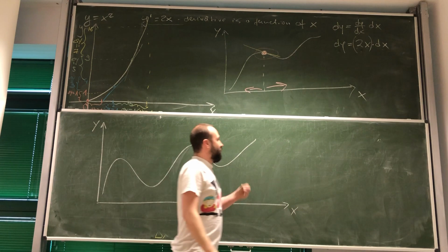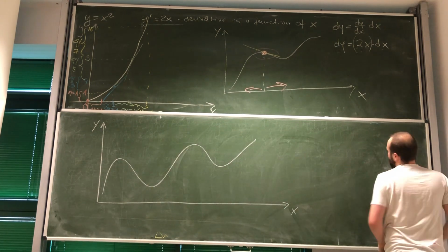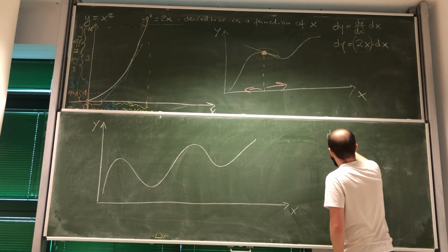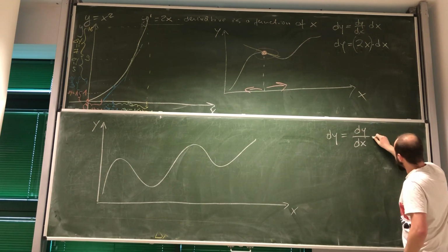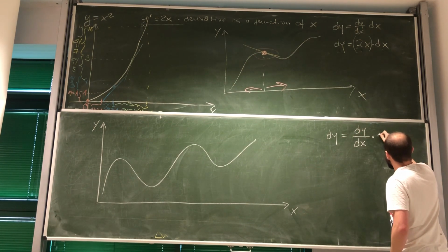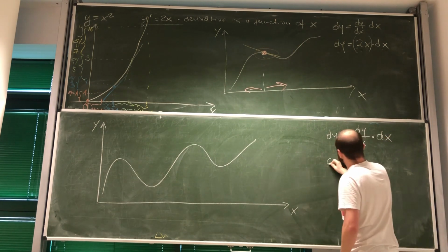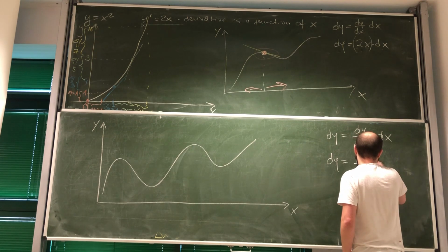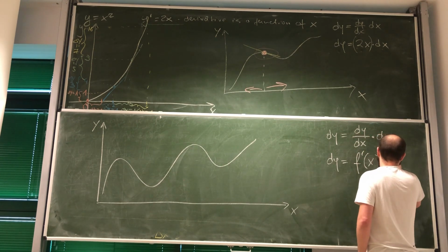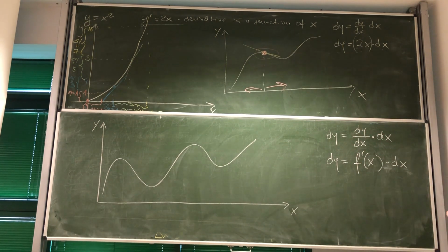Okay, again, what is the differential? Differential dy is equal to dy/dx times dx, or dy equals f prime of x times dx.